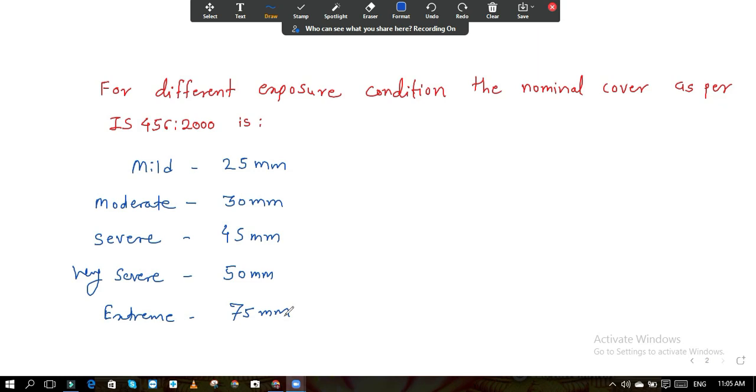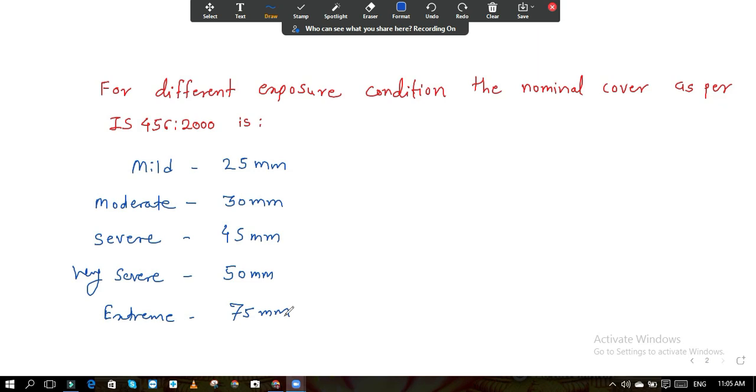For the singly or doubly reinforced sections under extreme conditions, the nominal cover provided as per IS 456 2000 is dash dash dash. Then out of these, four options will be given to you, so you need to choose the correct answer. The cover requirement depends upon the durability requirement.